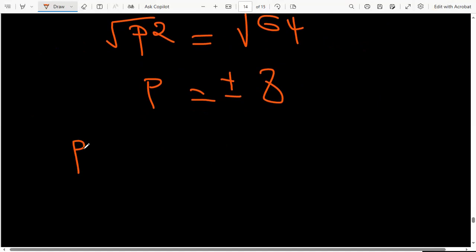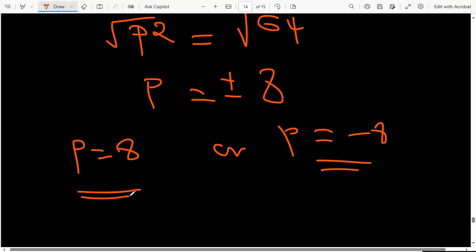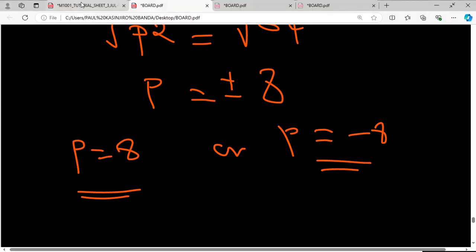So either p is 8 or p is minus 8. If you have either one of these, your discriminant will be equal to 0. If p is between minus 8 and 8, you are not going to have any solution, and if p is greater than 8 or less than minus 8, then you are going to have real solutions. So that's how you solve that one.